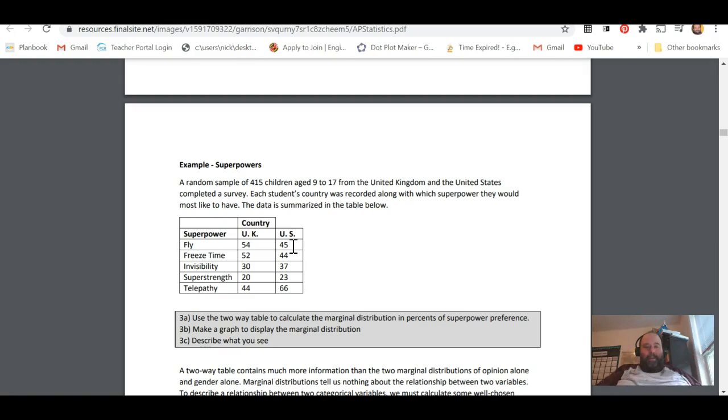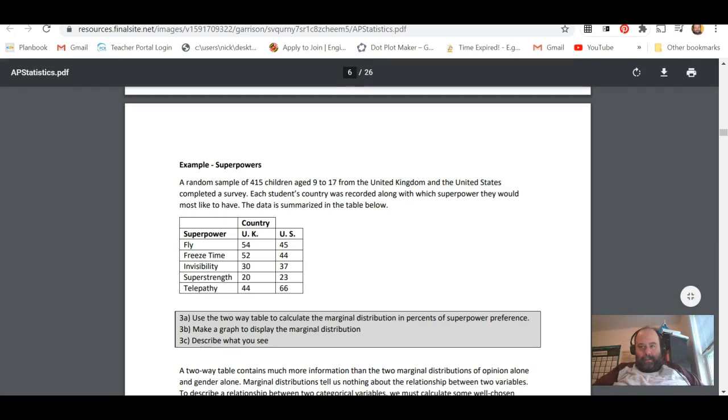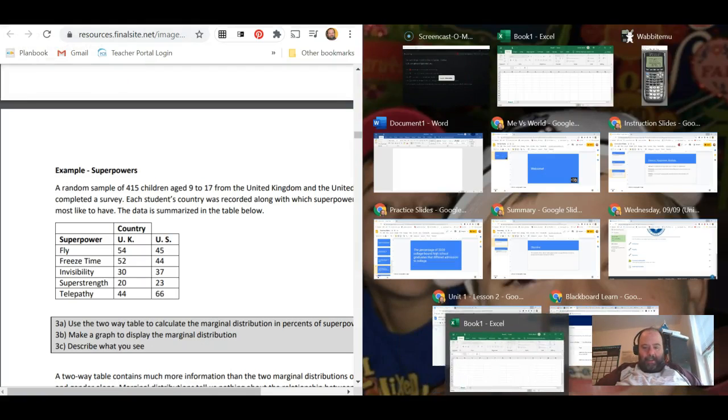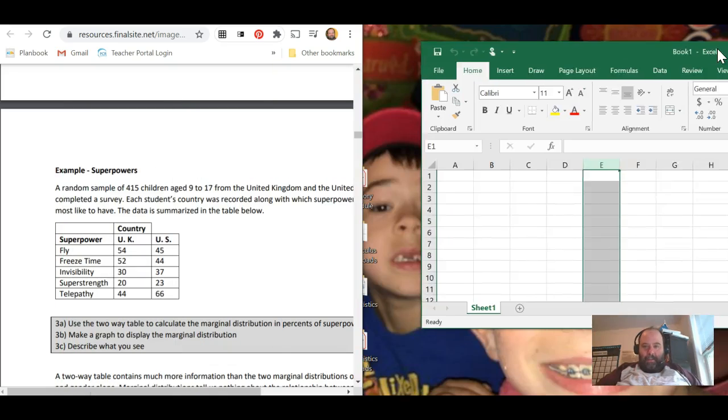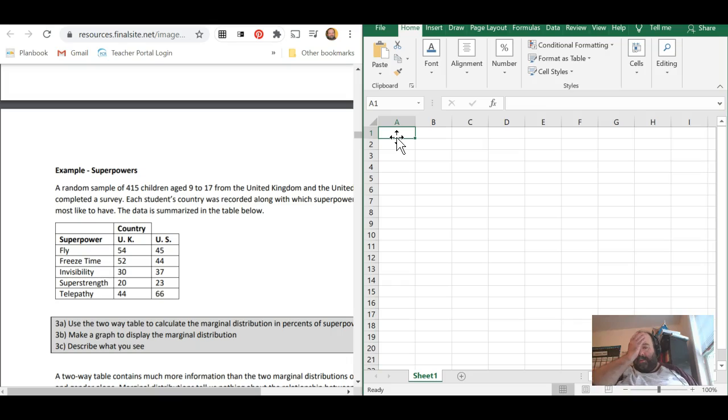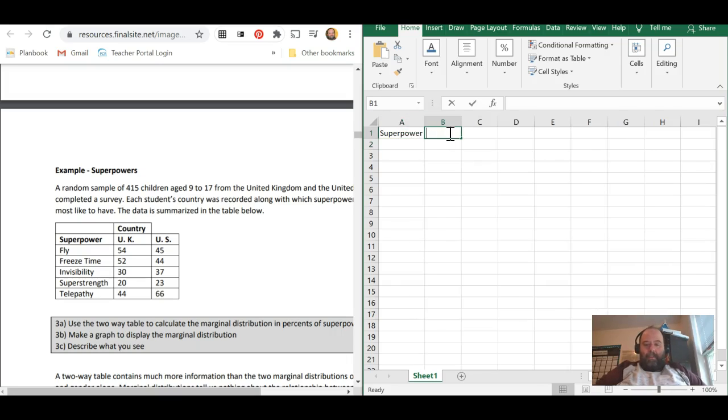Okay, and I'm going to put that side by side with an Excel sheet on my screen here. Excel is an interesting tool that could be useful here, and I'm going to create the first column being superpower and widen that, and make the second column UK and make the last column US, right?